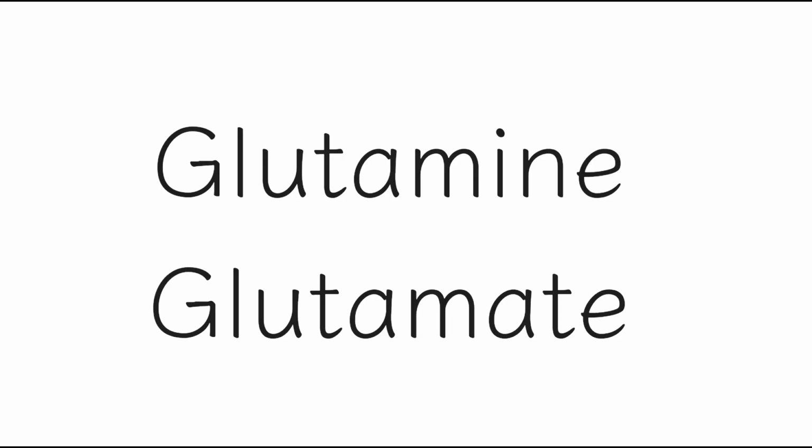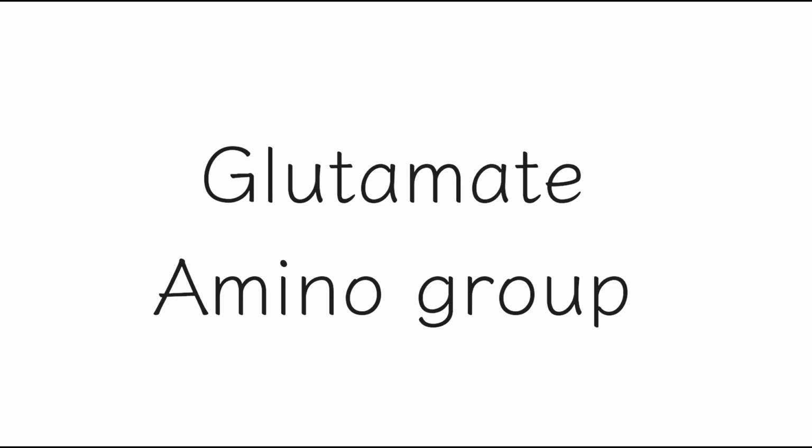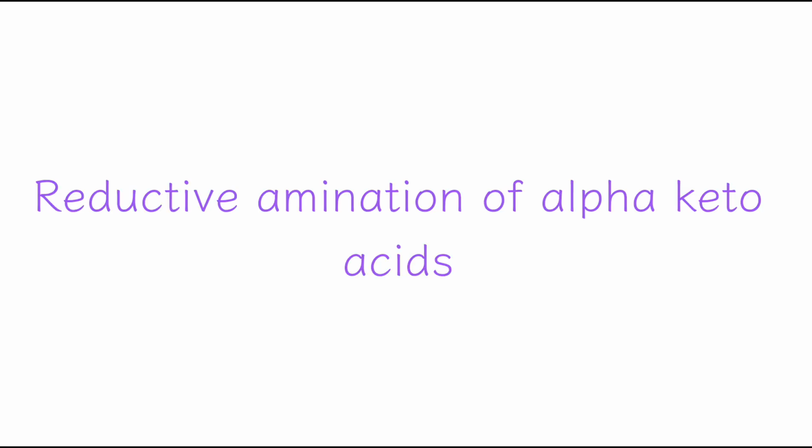Glutamate is a source of amino group for most of the amino acids through transamination reactions. So, two important principles by which ammonium ions are incorporated into amino acids and eventually other metabolites.